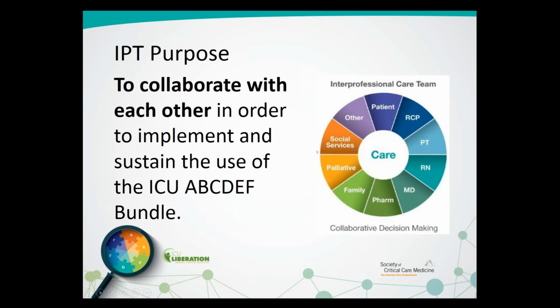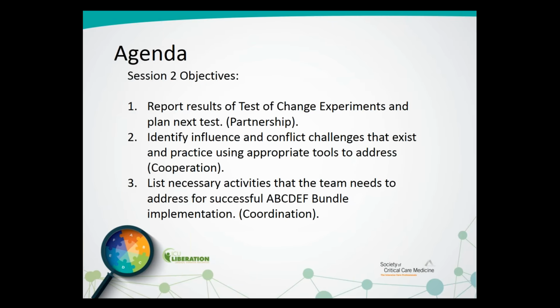Yeah. So to start out, we just want to review what our agenda is today. Many of you were on our call last time and did a test of change experiment. We're going to go over those experiments today and specifically dive a little deeper into 4 of them and see what you did in partnership with others.